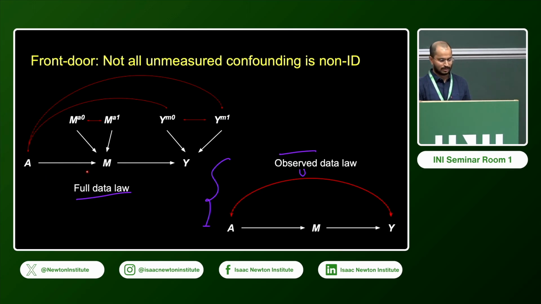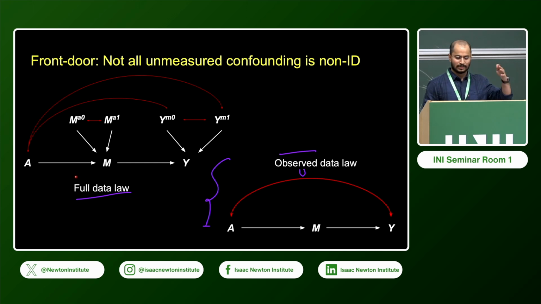We have A to M to Y, so the only parent of M is A, and the only parent of Y is M. And then you define your one-step-ahead counterfactuals. In this case, you have M_A0, M_A1: what would have happened to M had I intervened and set A to 0 and 1? And then what would have happened to Y had I intervened and set M to 0 and M to 1?